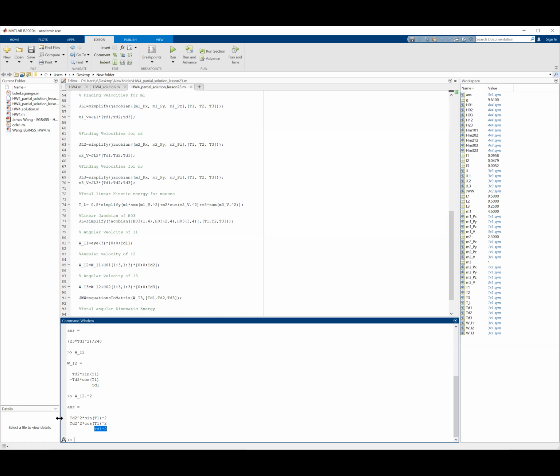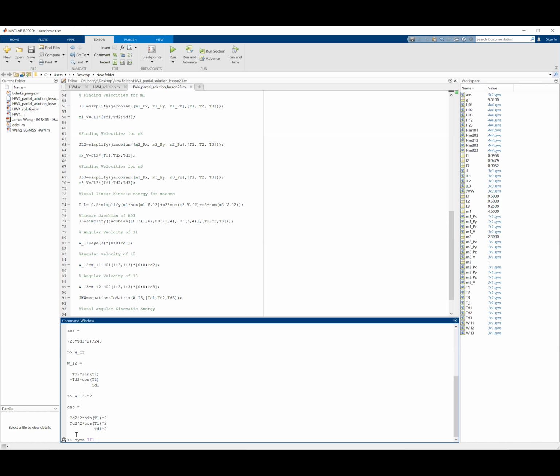Now I want my Ixx2 to multiply this term, plus Iyy2 to multiply this term, plus Izz2 to multiply this term.